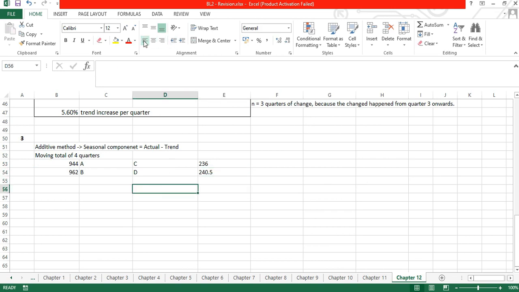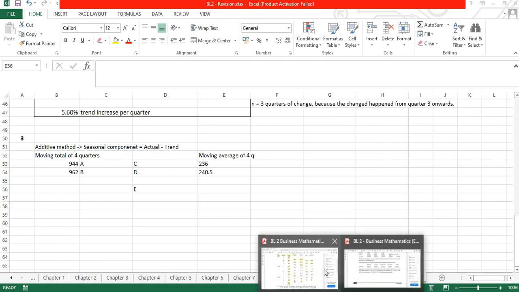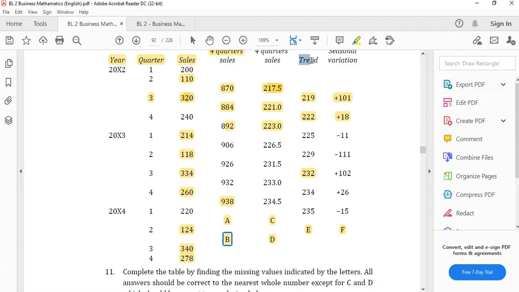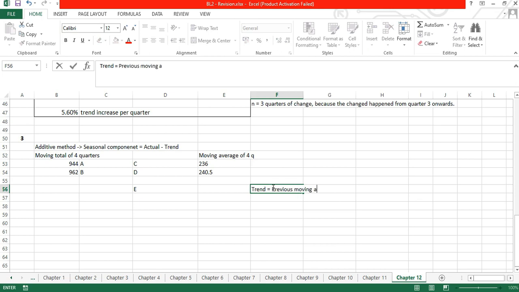Alright. Now let's take E. So C and D are moving average of 4 quarters. Now E is basically the trend. How to calculate the trend? We know the trend equation is trend equals previous moving average plus next moving average, both divide by 2.